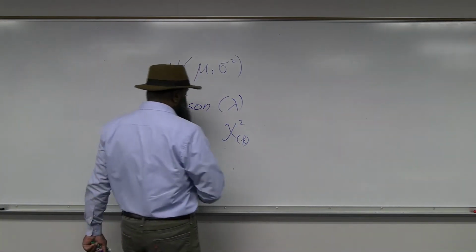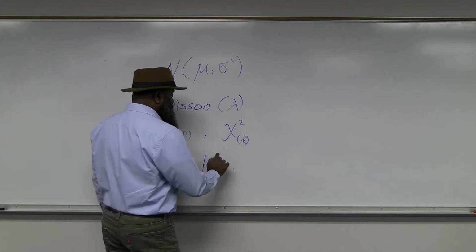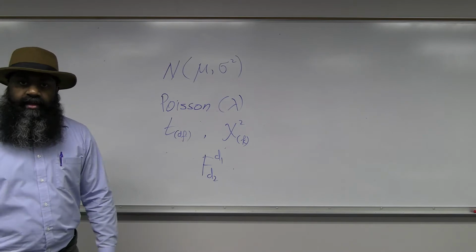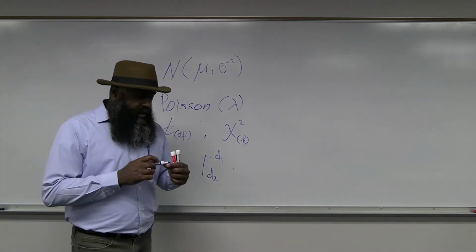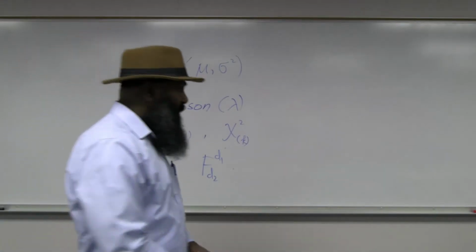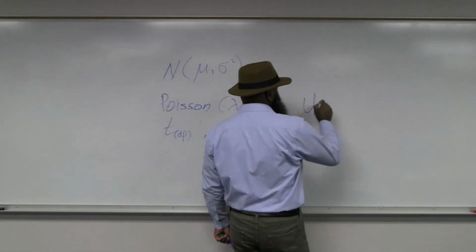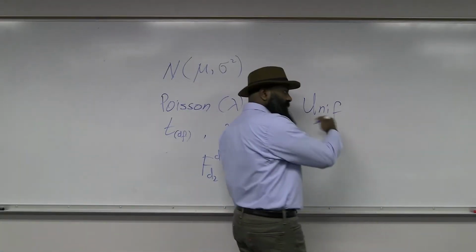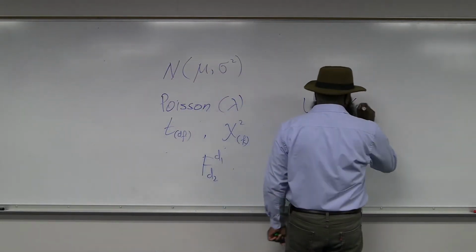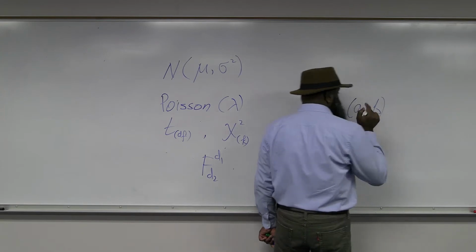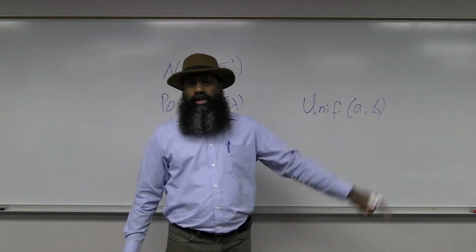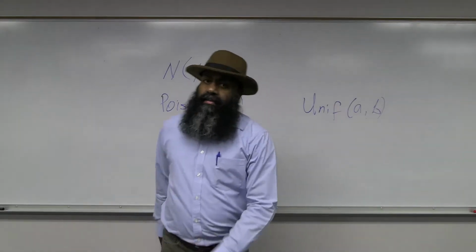And the f distribution, you write d1 and d2 as the degrees of freedom. There are 2 degrees of freedom for that. And for the uniform distribution, some people write just unif, and some people write uniform, and some people just write U, a to b, where a is the starting point and b is the ending point, and it's a nice rectangular distribution. So a and b are the parameters.